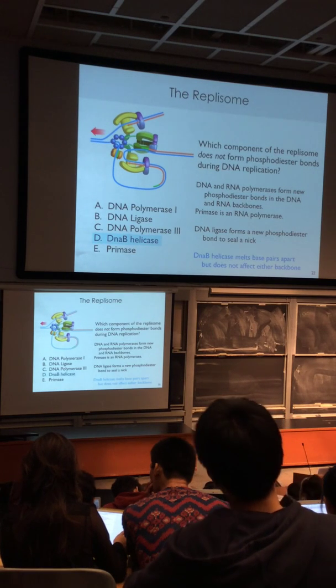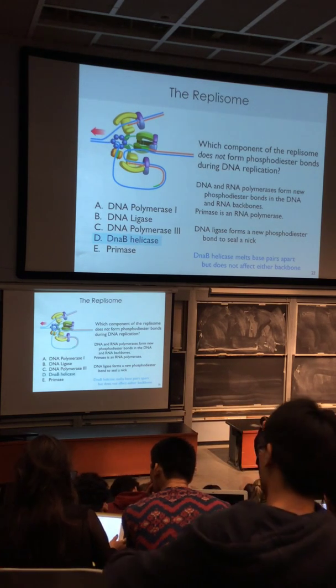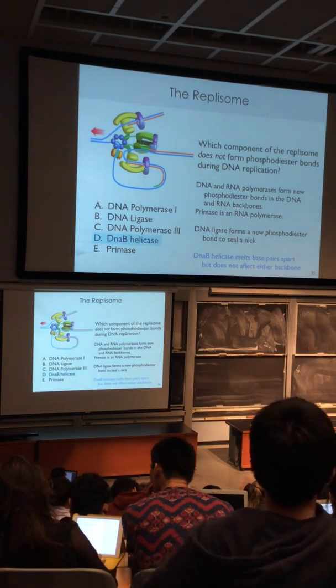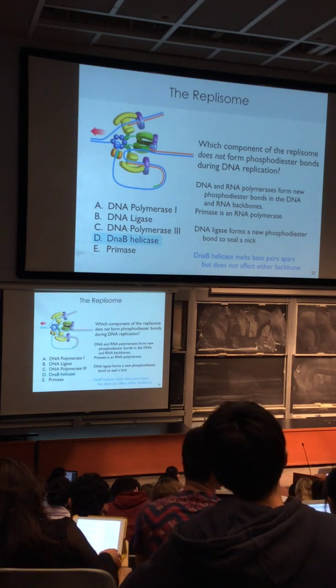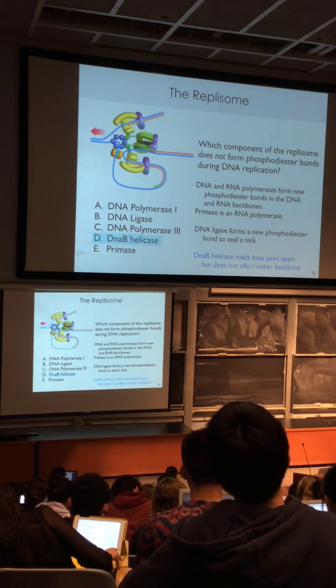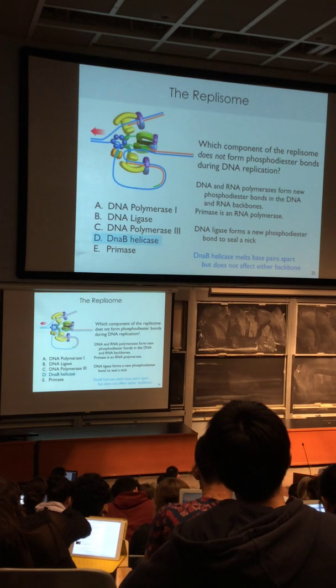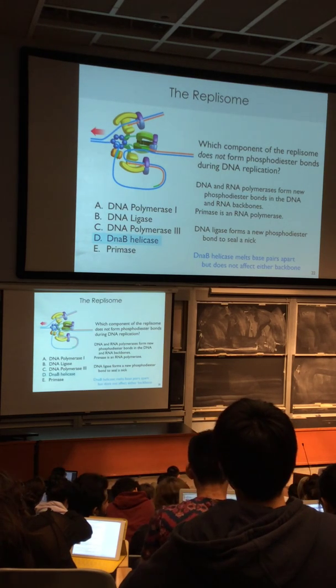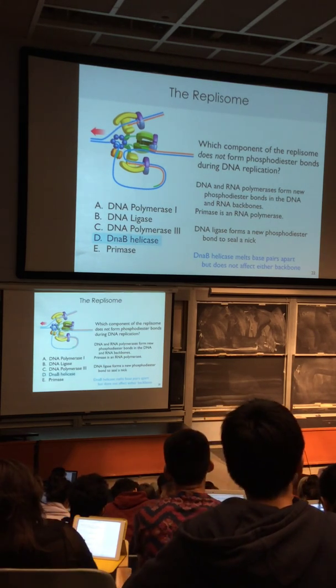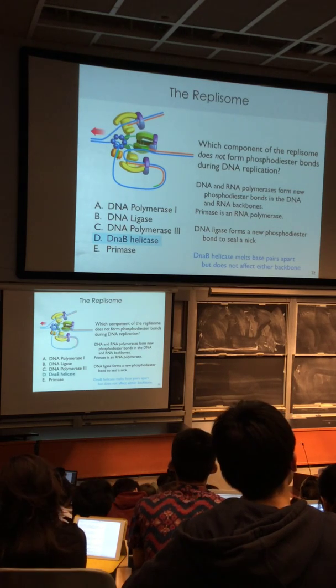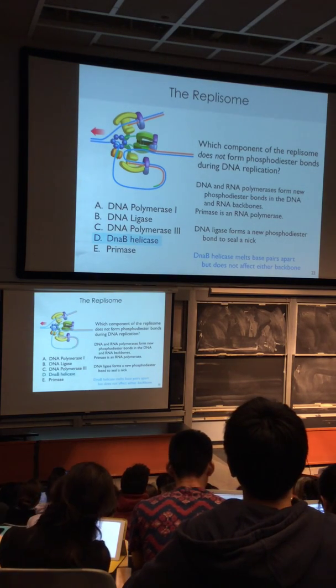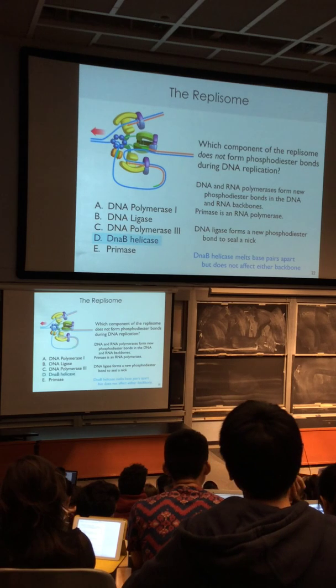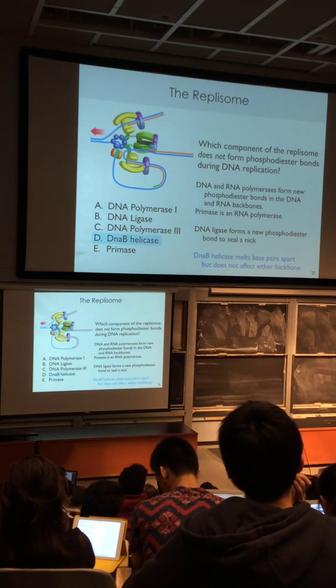None of those actually remain in the DNA backbone, but it is an RNA polymerase, and so it forms phosphodiester bonds in the RNA backbone. DNA helicase does not form any of these bonds. Its role is actually to separate the two strands as the replisome moves forward.